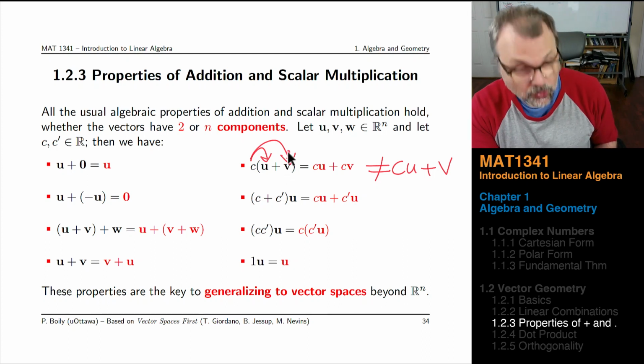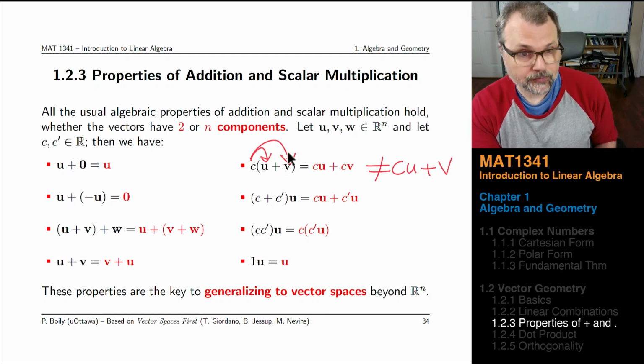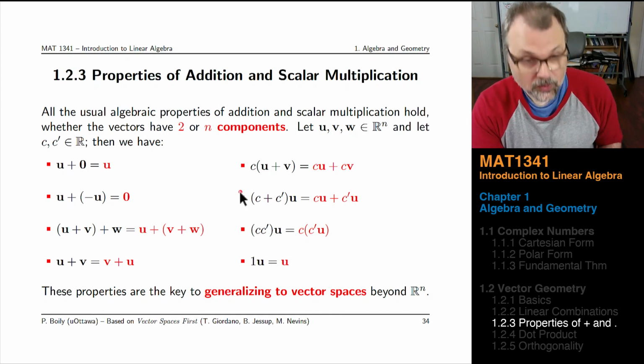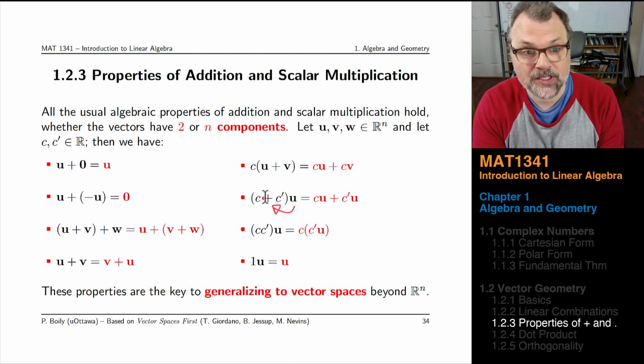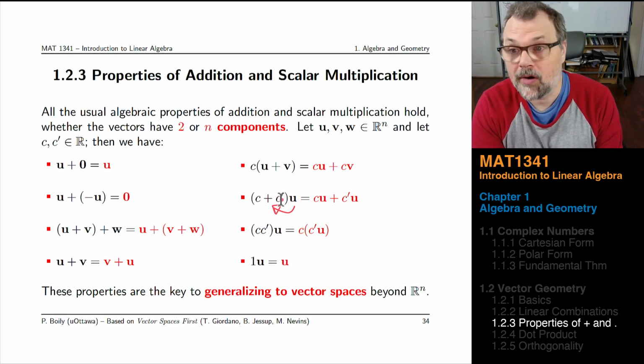You can also distribute a vector over a sum of scalars. This makes sense because c is a number and c prime is a number, so c plus c prime is also a number. But if we were talking about vectors here, then we'd have a vector times a vector, and that's not always defined. So you would get this one and then this one.